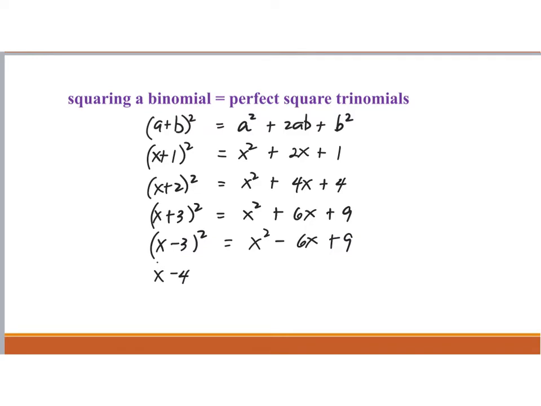Let's have one last. x minus 4 squared is x squared minus 8x plus 16.